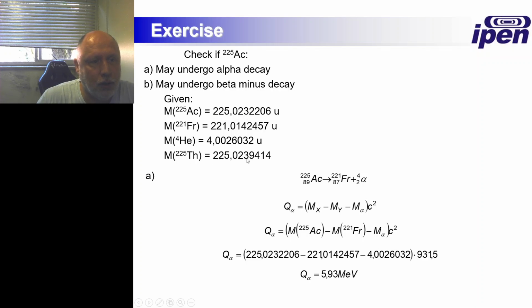And if you take a look, the actinium-225 is a very small bit, but it's a bit lighter than this one. So if you take this minus this, you get a negative number, right? So it will not undergo beta minus decay, right? So this is this class.